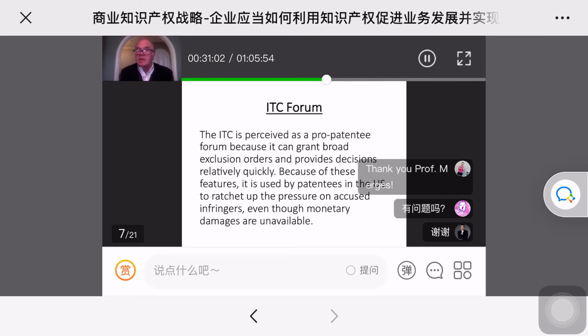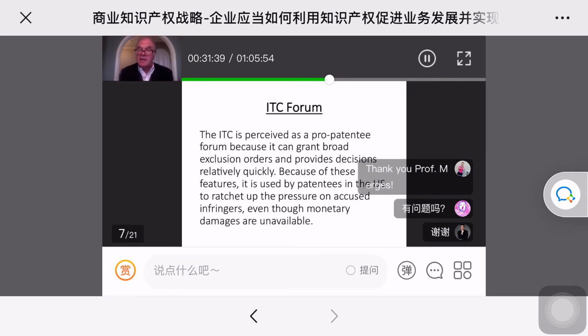One way is that the imported product is supported by subsidies, by special government favors. Another way is that an imported product can infringe an IP right of a company that already has a presence in the U.S. market. And it's this type of unfairness, you might call it the IP branch of unfairness, that brings the ITC into the intellectual property area.